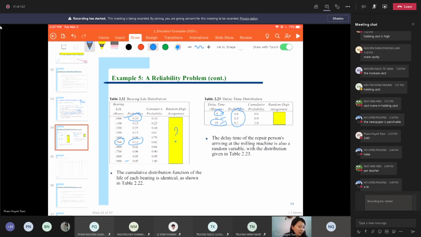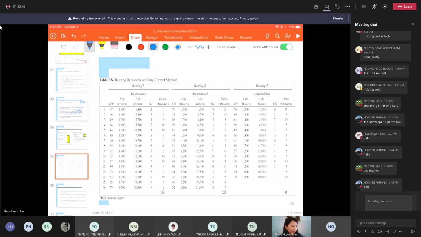All right, so now we will simulate for the first policy, and we will compare the cost of this policy with the second policy. Remember the costs you have to pay: the cost for downtime, the cost for paying the repairman, and the cost for replacing the new bearing.